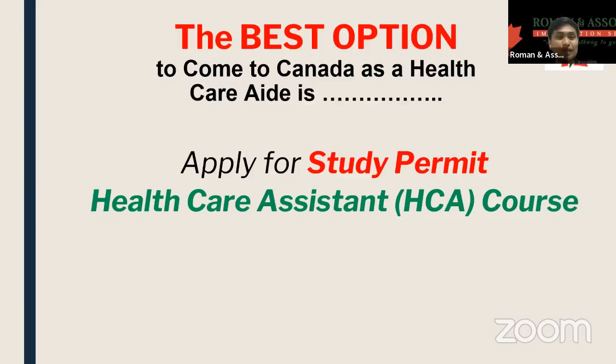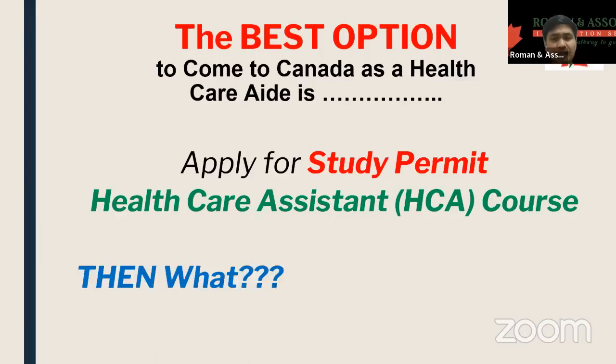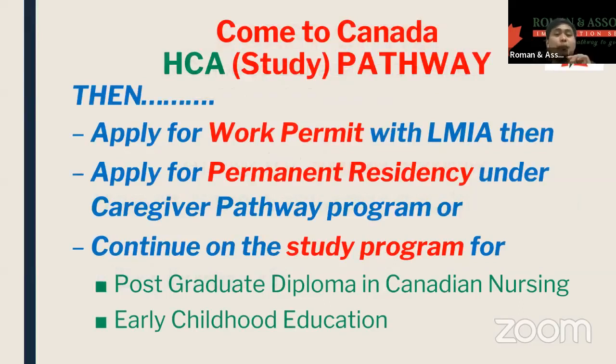And after studying the healthcare assistant program, what's next? After you finish your program in Stenberg College, the next thing you do is you can now apply for a work permit po. Yes po. After studying as a healthcare assistant po, you can now apply for a work permit with LMIA po.